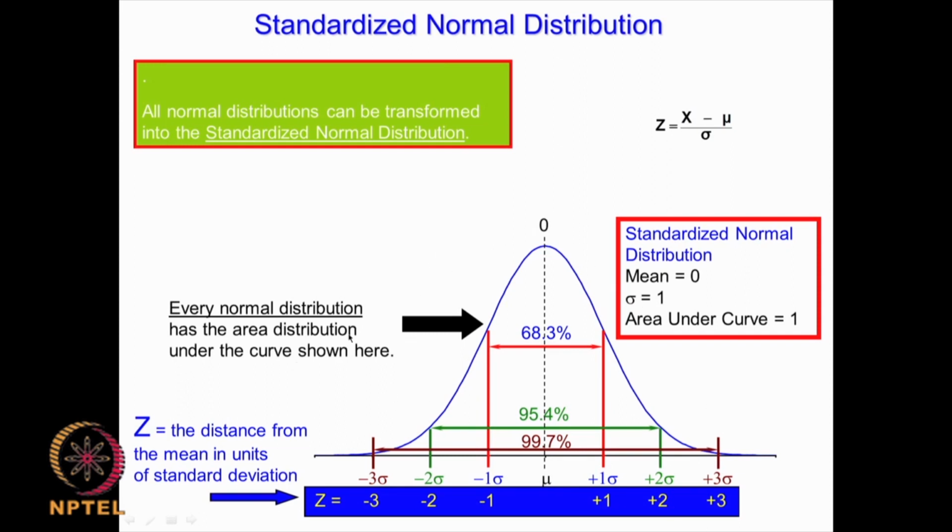So, that is the advantage of converting the data set of a normal distribution into a standardized normal distribution.